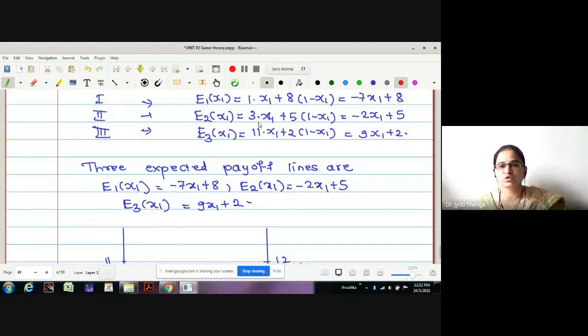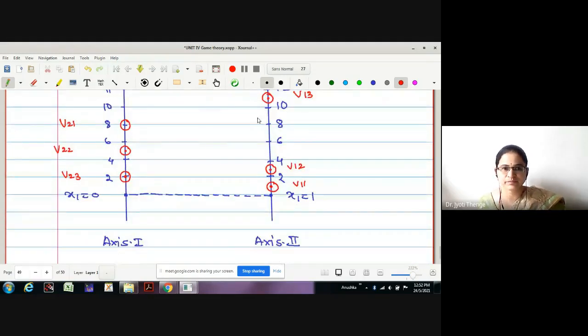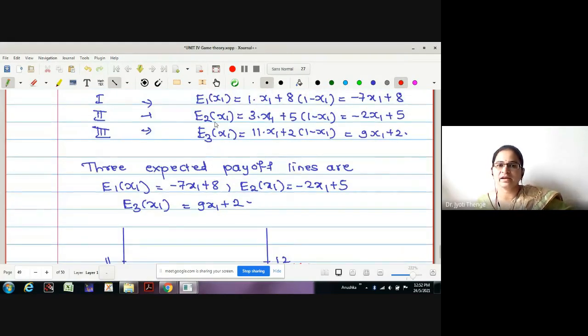Therefore, I will join the two points 1 and 8 by a straight line. Okay, then I want to draw the second line. For x1 equal to 0, this is 5, and for x1 equal to 1, this is 3. 5 and 3 I want to join, right?